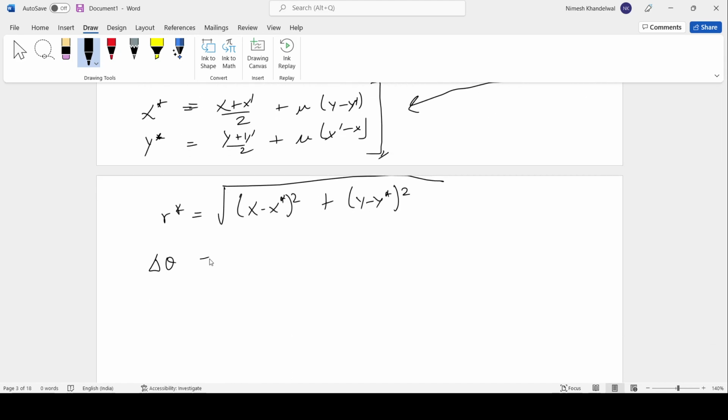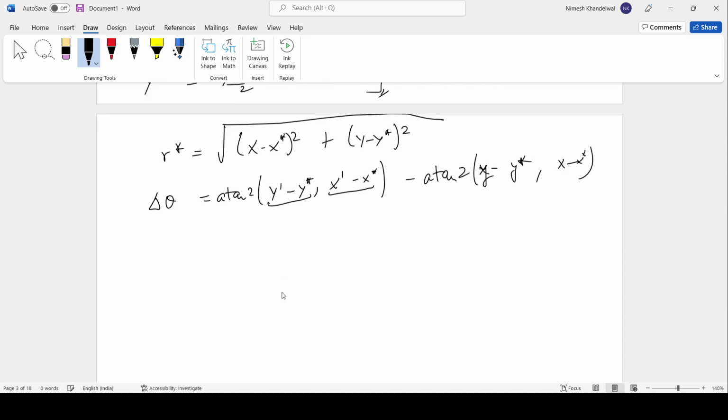And what is the complete angle? I told you about the uses of atan2 in one of the previous sessions. Basically it preserves the quadrant information. So this is the angle that this x prime, y prime makes from the center of the circle, minus your theta. That is your y minus y prime and x minus x prime. So now you have your delta theta.